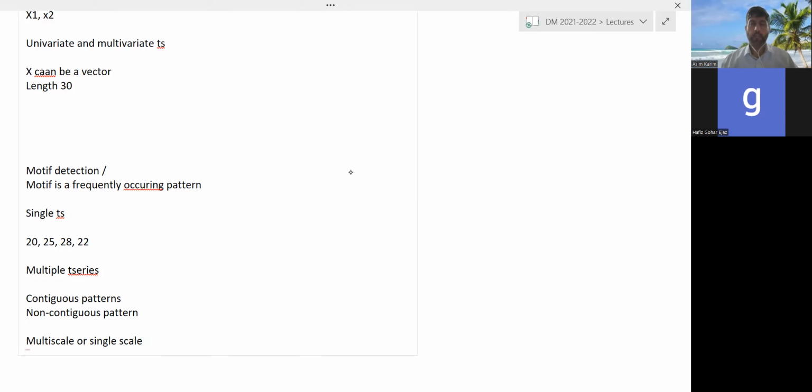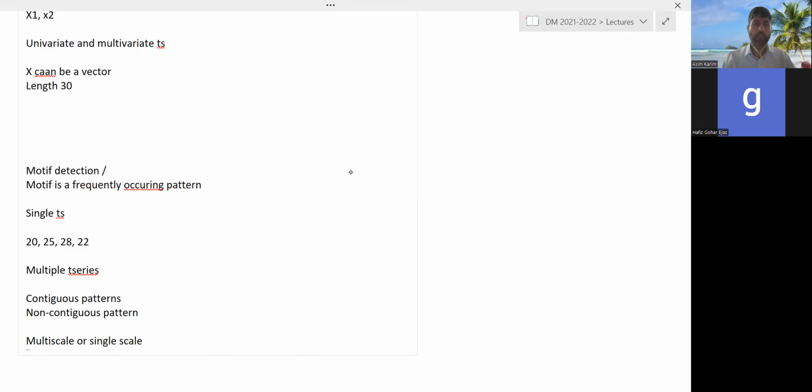Multi-scale motif analysis means that you're finding patterns at different levels of granularity. So, again considering temperature, you're recording temperatures daily, but while finding motifs, you're finding motifs at the level of days, as well as at the level of weeks, as well as the level of months.